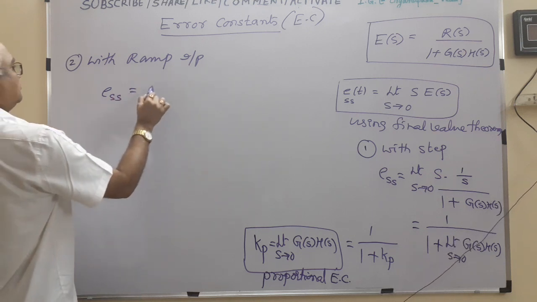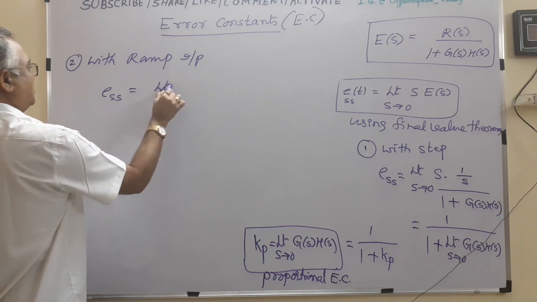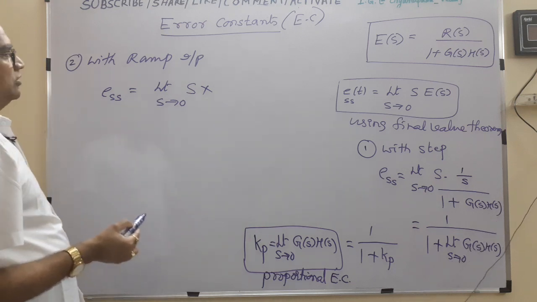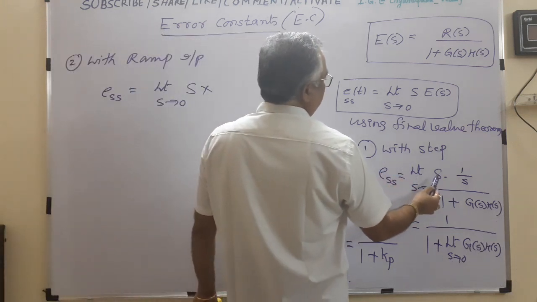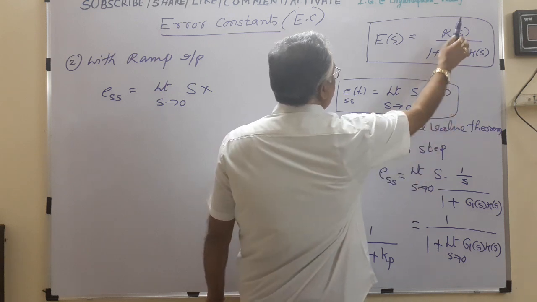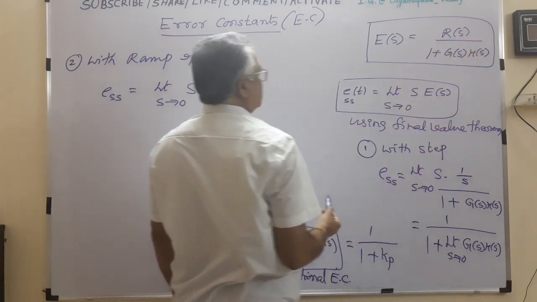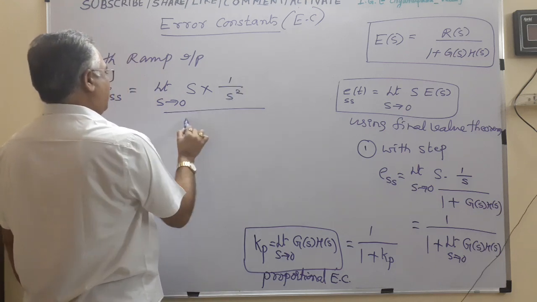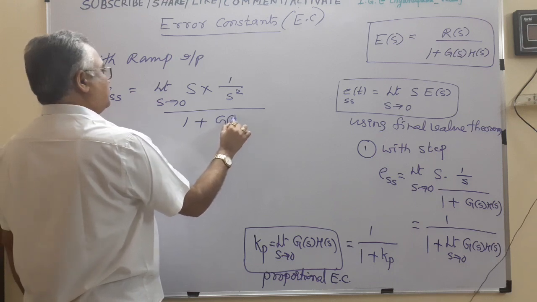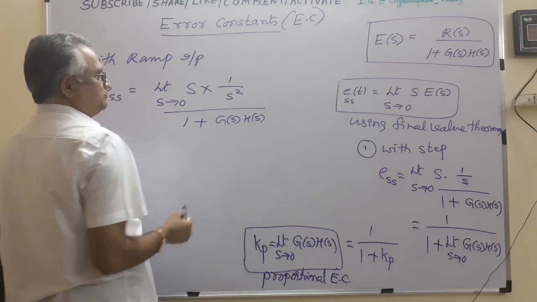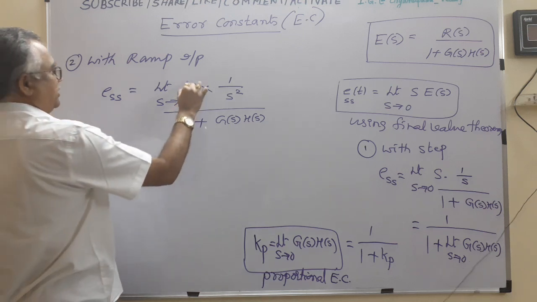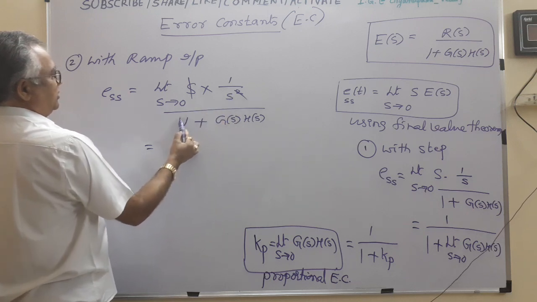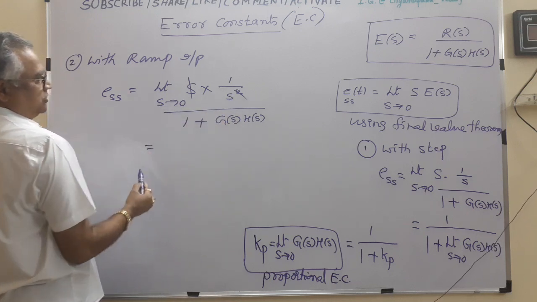Steady state error equals limit s tends to 0 s into E of s. E of s is this now. So what is R of s? 1 by s square by 1 plus g of s h of s. So one s cancels, and this s will come here, s equal to 0, so this is 0.